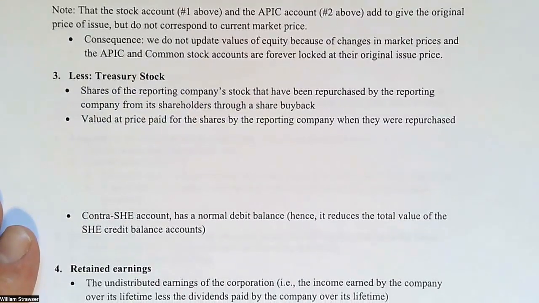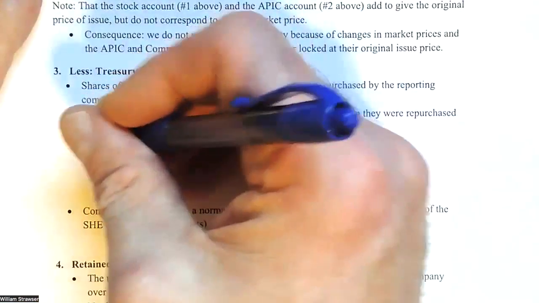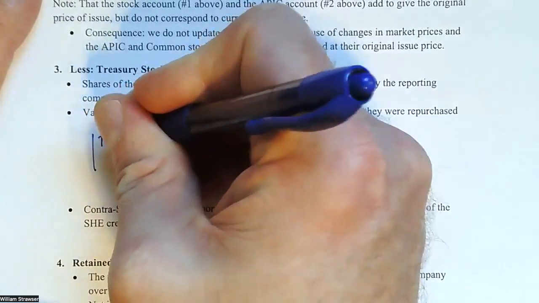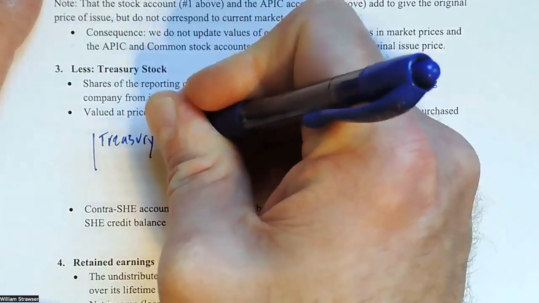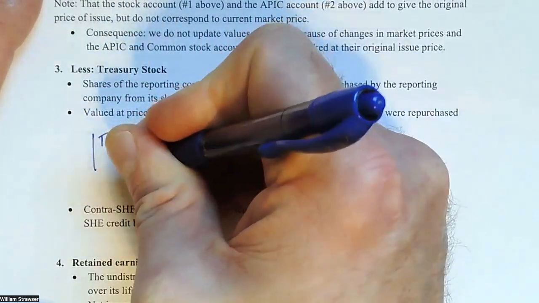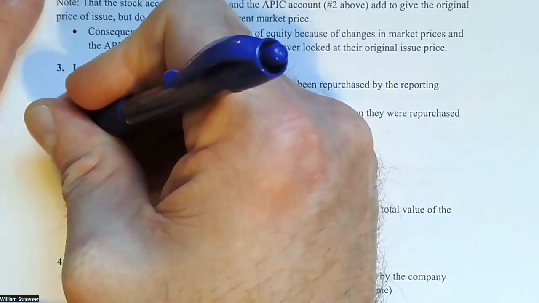Treasury stock. So treasury stock is stock that we've repurchased, that our company has bought back from shareholders. When we buy it back, then the journal entry for that transaction is a debit to treasury stock and a credit to cash for the price that it was purchased.